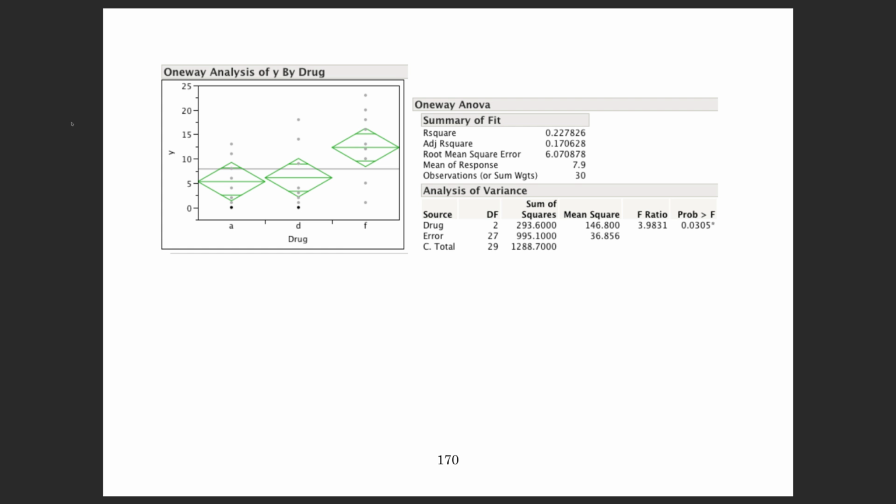So we do have some evidence of a difference between the 3 treatments, but it's not a very strong piece of evidence. And again, remember, this is statistical significance. This has nothing to do with whether the difference is clinically important or clinically significant. So practical significance is a separate issue.